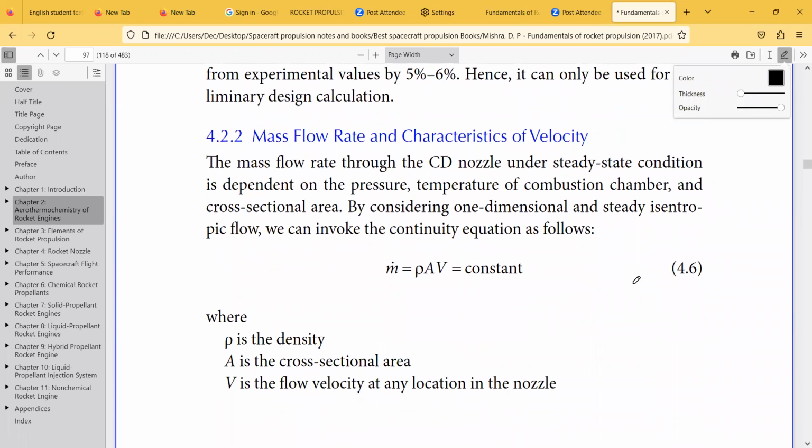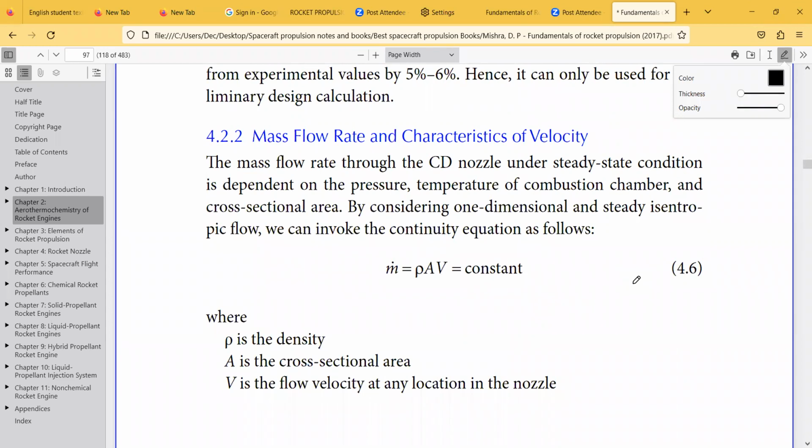Okay, so another thing is the conservation of mass. Mass flow rate and characteristic velocity. In a convergent divergent nozzle, the mass flow rate is actually constant.